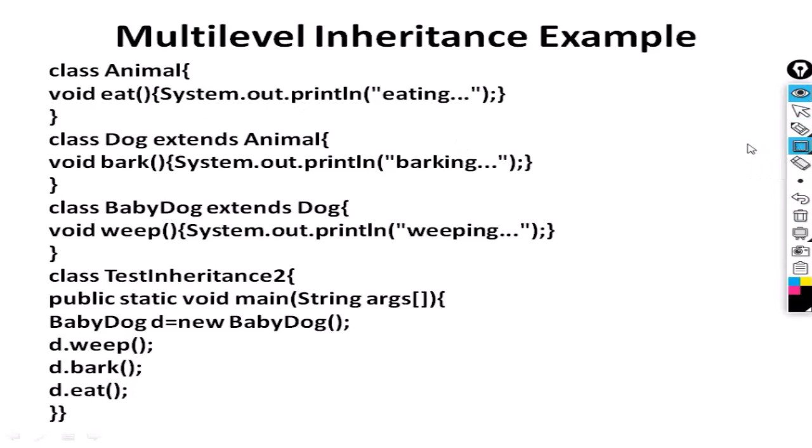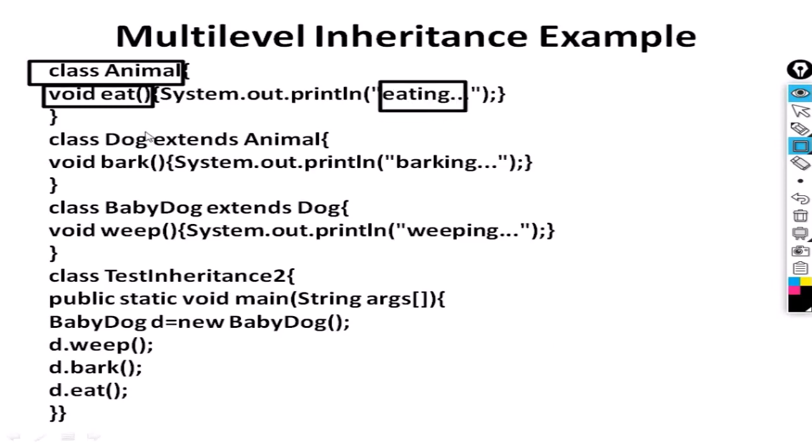Let us see what multi-level inheritance is. Now we have a class called animal. Within this animal class, we have a method called eat. Here we have given an output, which is visible on the screen, System.out.println eating.